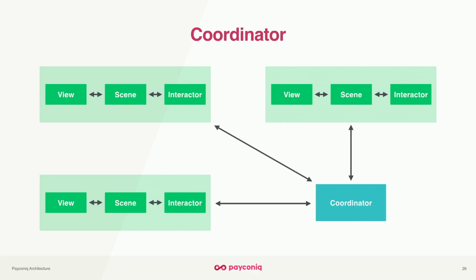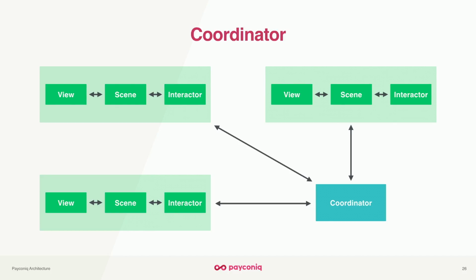And interactors do not have any state. The coordinator has. So the coordinator is the class that knows, for example, whether the tutorial was shown to the user yet. The coordinator is the class that knows at what step in the onboarding process you currently are and what step should be presented next.